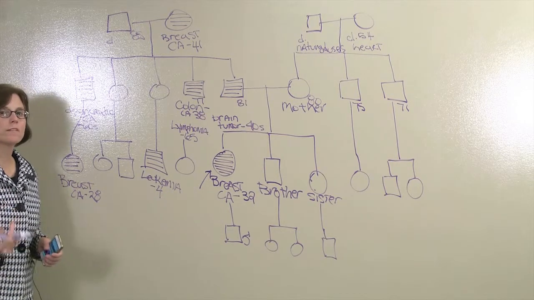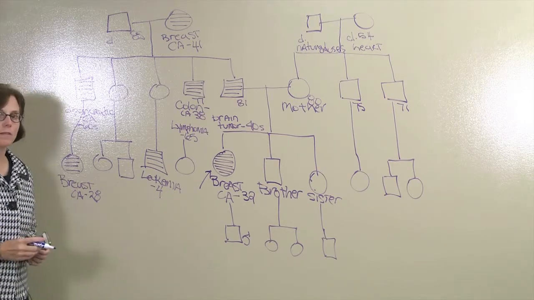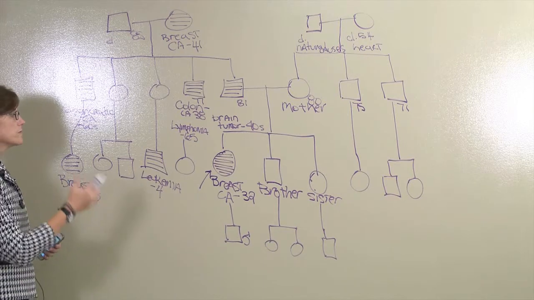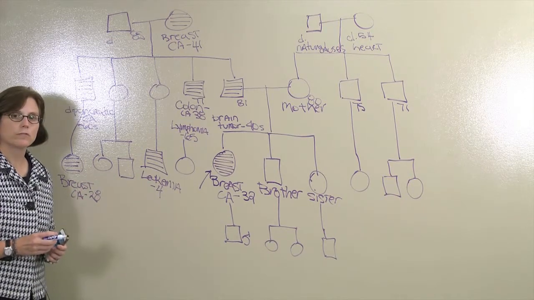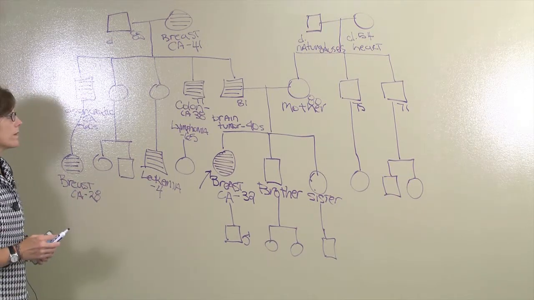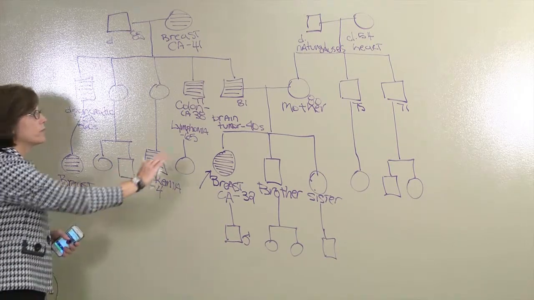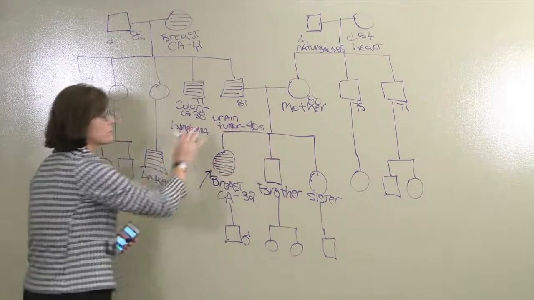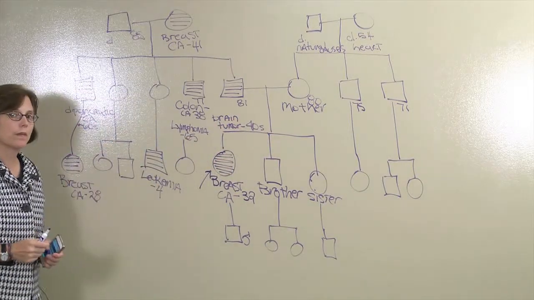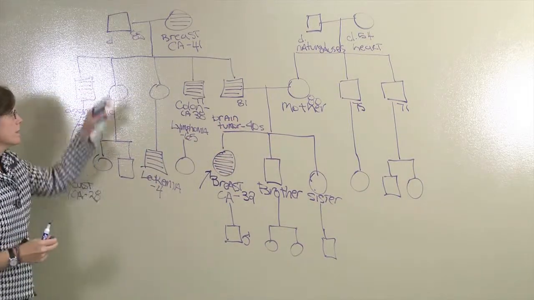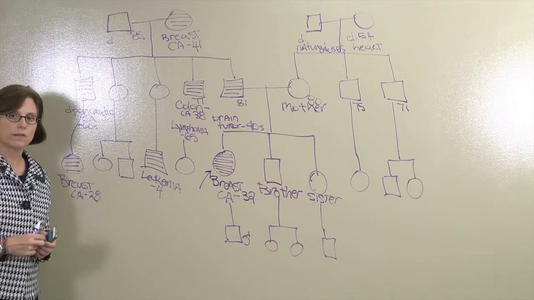So we've quickly drawn out both sides of the family. We've used circles for women and squares for men. Let's look at this family. We can see the family size. We know immediately how many people are closely related to one another. We can also see the pattern of cancer in this family.